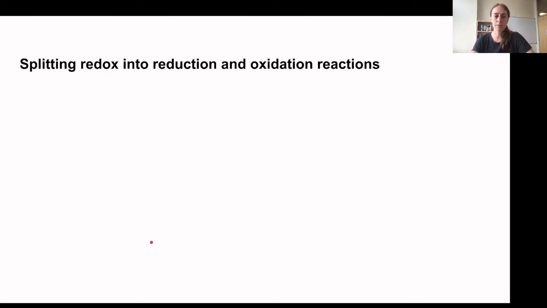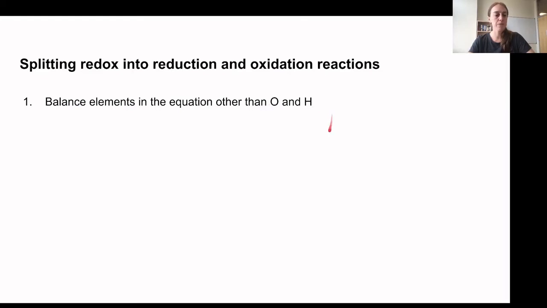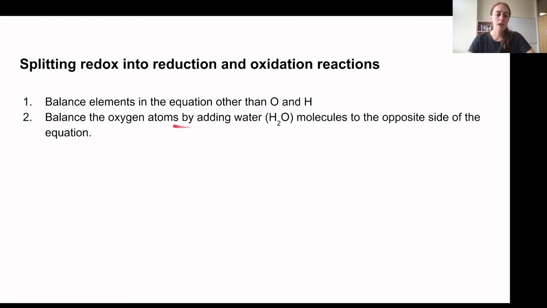So we need to split our redox into our reduction half reaction and oxidation half reaction. The first thing that we're going to do is balance the elements in the equation other than oxygen and hydrogen first. Then we're going to balance our oxygen atoms by adding water molecules to the opposite side of the equation.